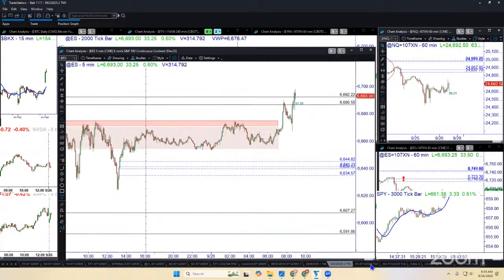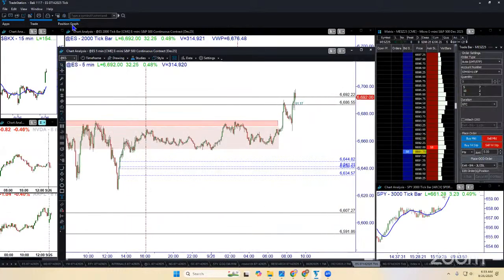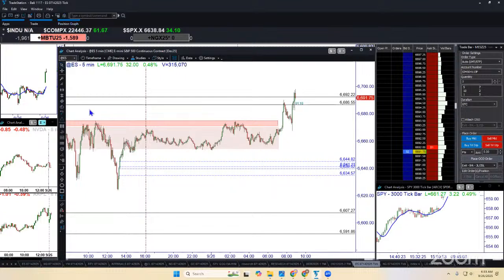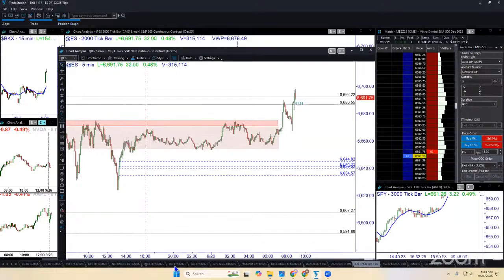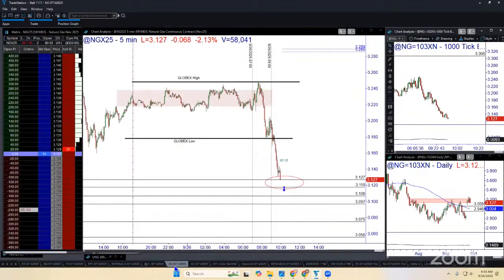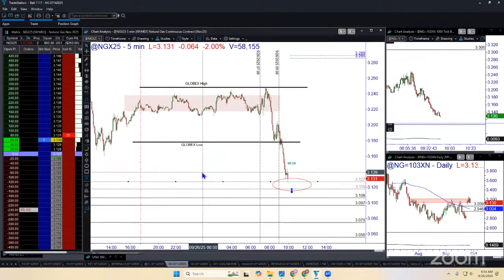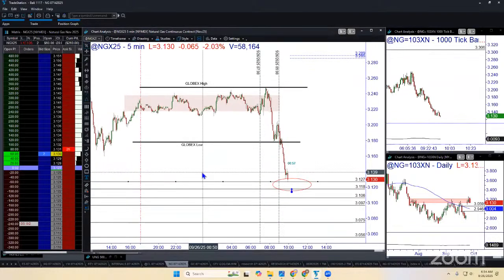Order filled. We just got our nat gas entry. Stop losses in place, just below the distal. I believe, and I'm just going to go out here and verify it.